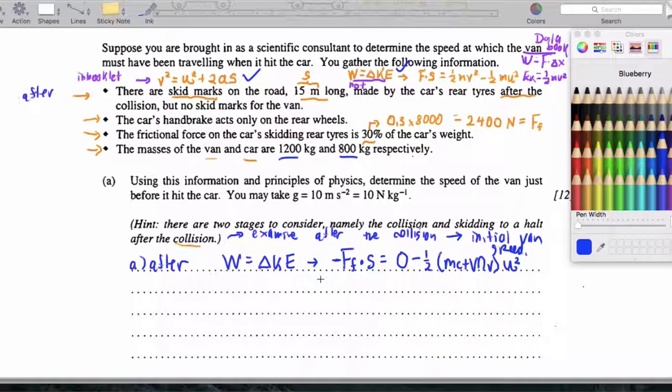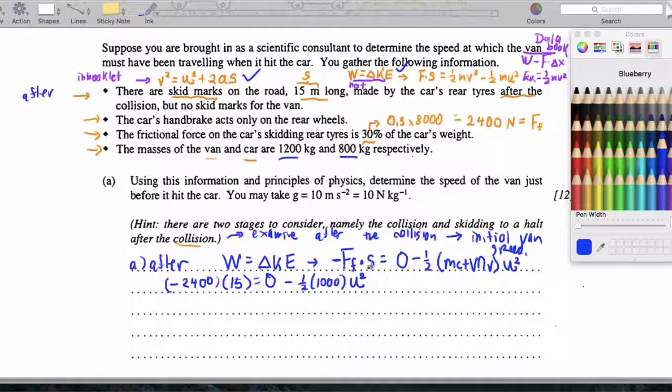This is going to be negative 2400 times that distance of 15 equals 0 minus, now I'm going to add these two masses up, that's mass of the car plus mass of the van, that's 1/2 times 1000 times the initial speed squared.